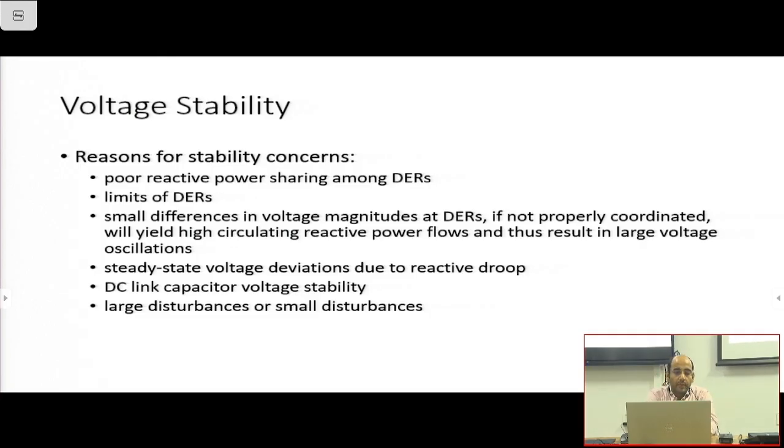Then, usually when we talk about power sharing, we will subsequently read in this lecture, we go for a control which is called droop control. If the droop settings are not good, the voltage may fall due to large reactive power. So the droop setting may affect your reactive power, that means the AC voltage associated with the reactive power.